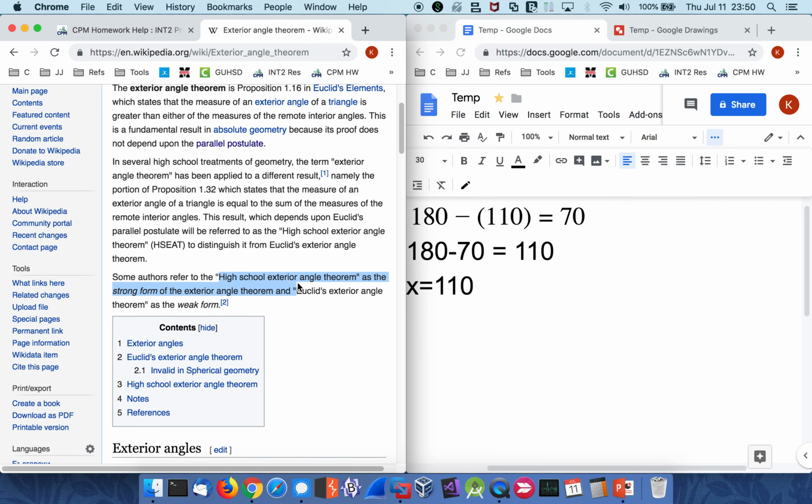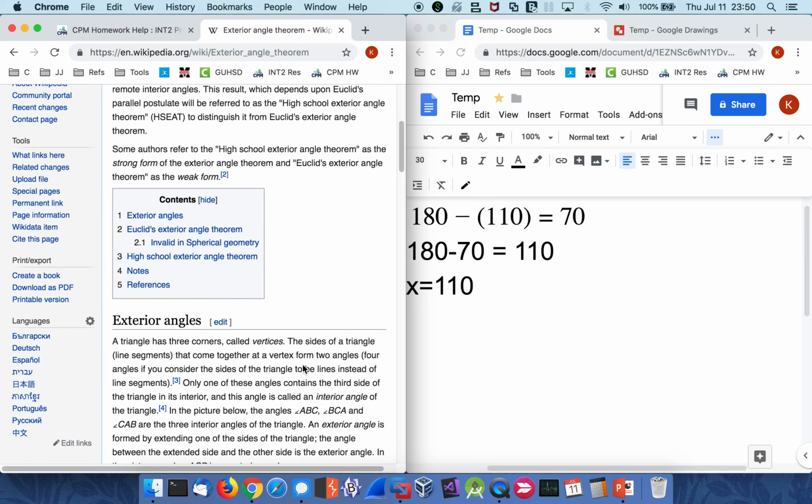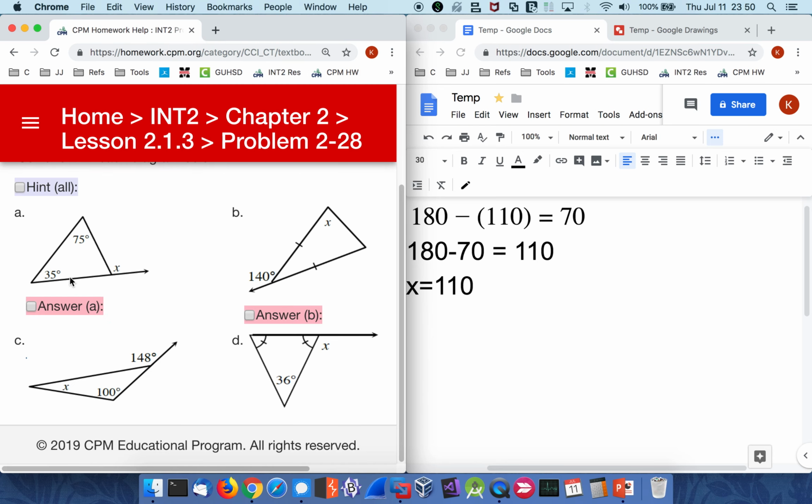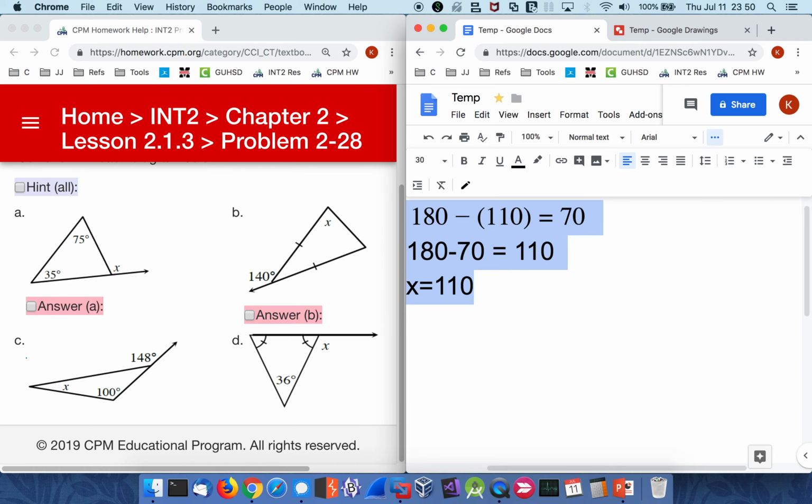They call it the high school exterior angle theorem. Well, I guess you are in high school, Jante, so it's a good theorem to know. But in any case, the idea is that D is equal to C plus A. So we could have done it that way. Just add these two and now we have x. But in any case, we did it. Next one.